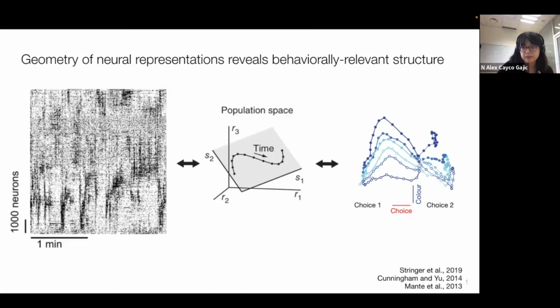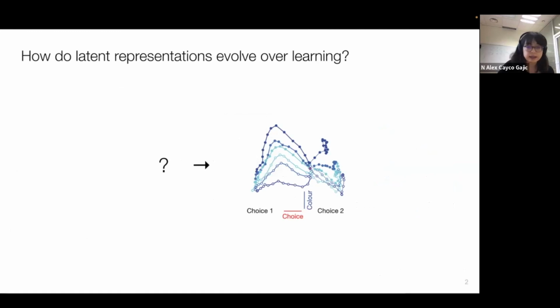The question that I became very interested in while analyzing cerebellar data, because it's an area that's very important for motor learning and motor adaptation, is how these latent representations evolve over the course of learning. While I was thinking about this, I started to realize that there are a lot of dimensionality reduction methods, and a lot of methods specifically for neural data too, but there aren't as many methods specifically for uncovering latent representations in neural data over the course of learning. And so this started to pique my interest.